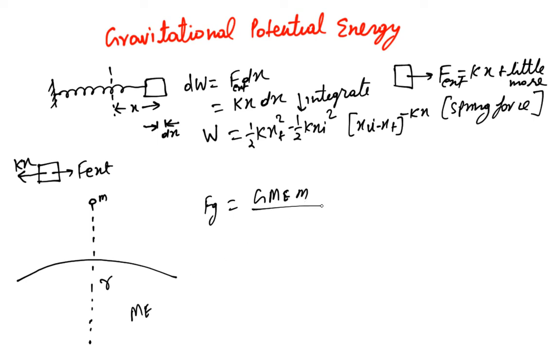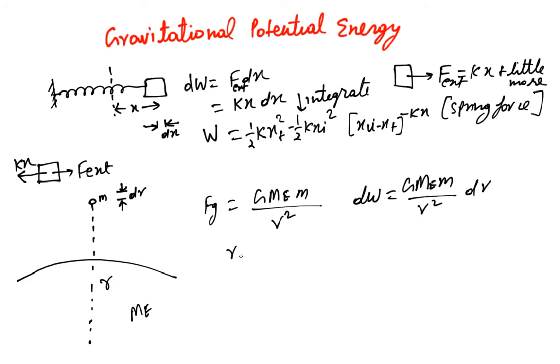This is F_g. Now if you move this mass a very small distance up, so that r stays constant, then we can write G M_e m over r squared dr. This is the work done, same as the previous case.